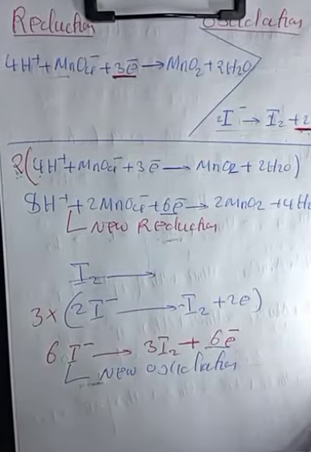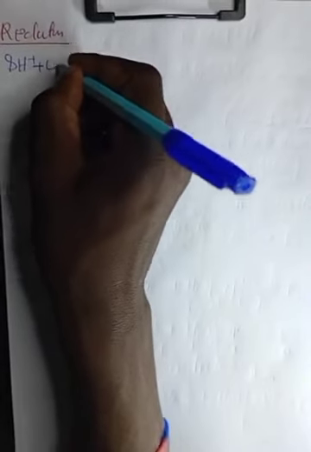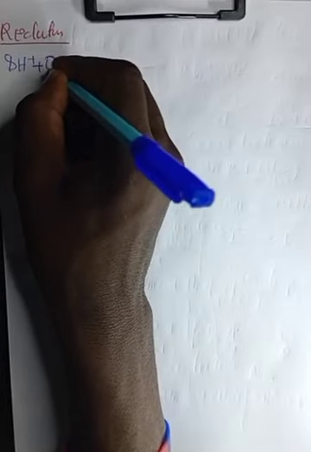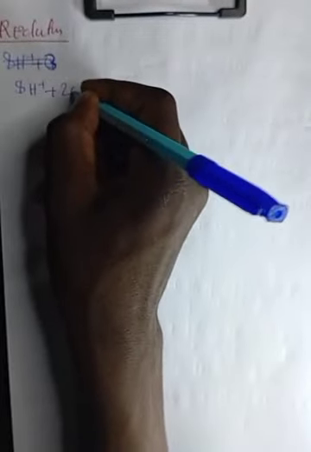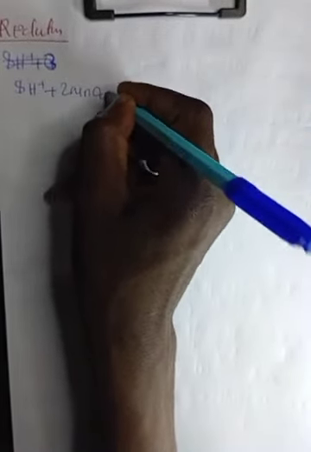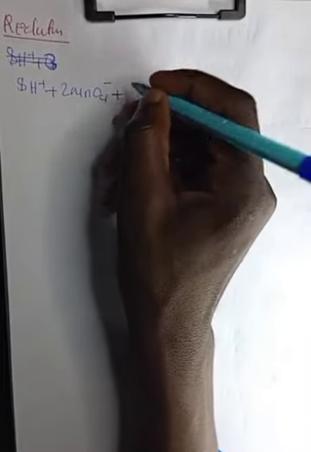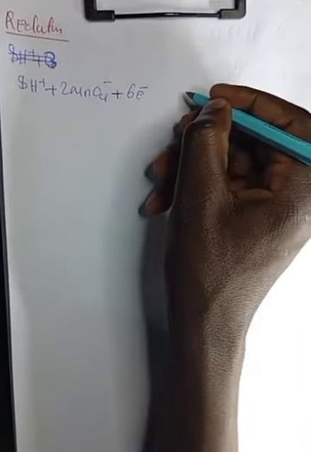Meaning we have achieved the principle that we are looking for. So in this case, we can rewrite everything now. Our reduction reaction is 8 hydrogen ions plus 2 MnO4- plus 6 electrons.